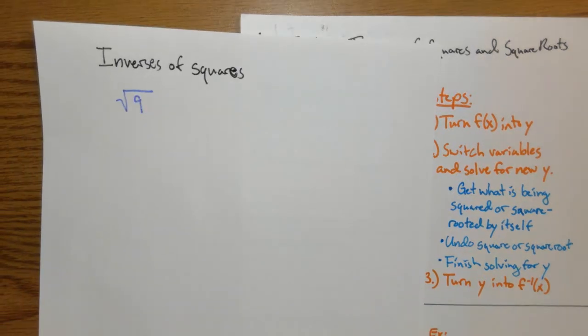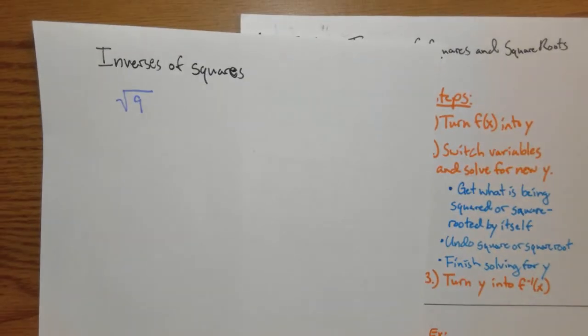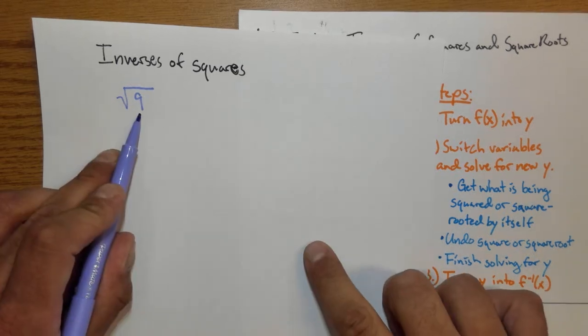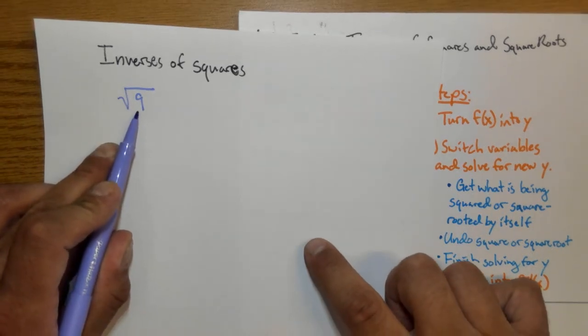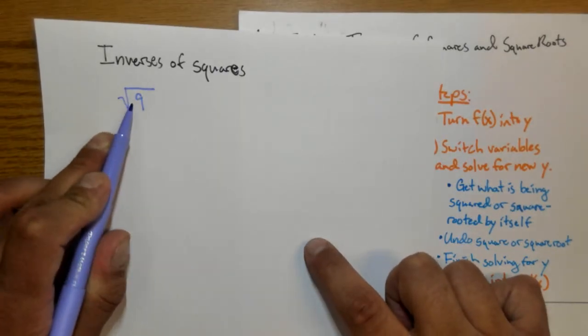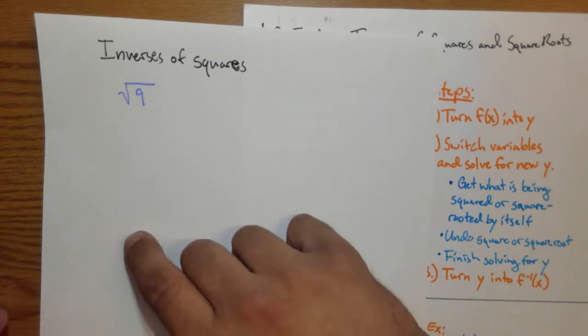So this is the square root of 9, isn't it? And what the square root is really asking is, what number, when multiplied by itself, equals the number under the square root, or under the radical, is what they call this thing. So what number, when multiplied by itself, equals 9?